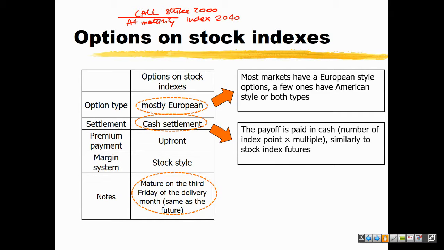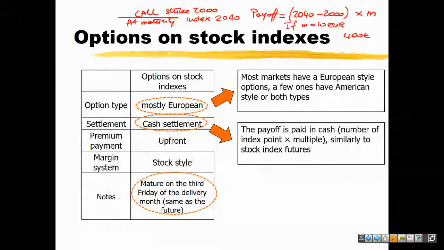Here it's a stock index, so the profit for you is 40 index points, and what happens is that you get a payoff, which is 2040 minus 2000 multiplied by the multiple. So for instance, if the multiple is 10 euros, you get 400 euros. Okay, it's 40 index points multiplied by 10 euros. Okay?